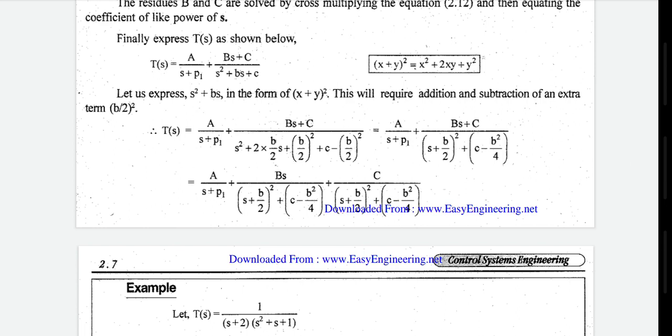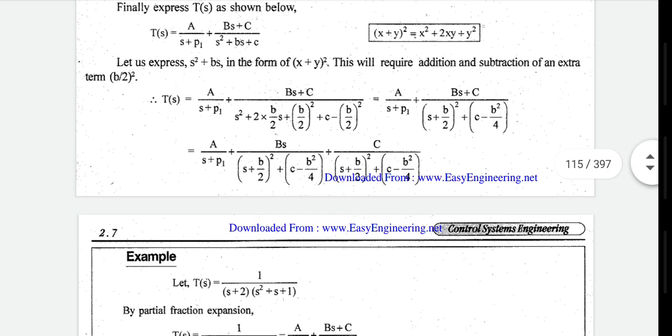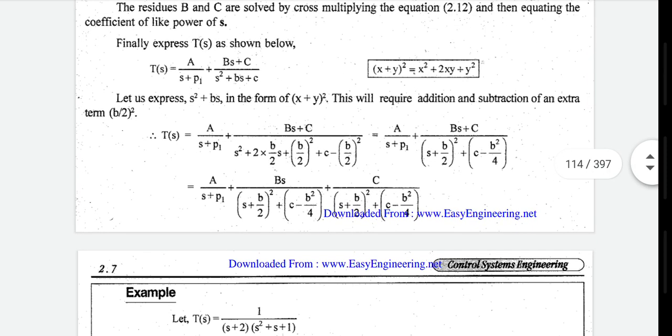Then finally you can write the denominator equation in the form of s square plus bs plus c. Okay, so denominator is remodified as now s square plus 2xy plus y square.